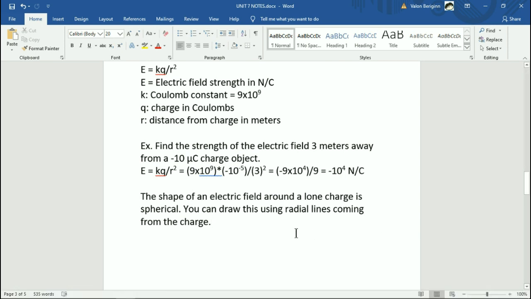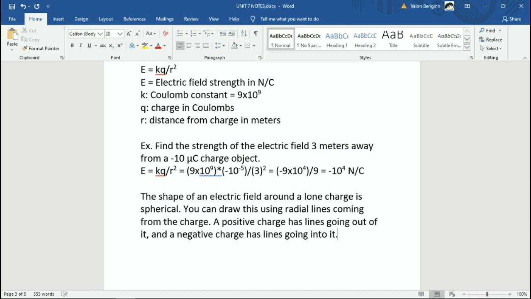Are the lines coming out of the charge, or are they going into the charge? Here's where the positive or negative comes into play. A positive charge has lines going out of it, and a negative charge has lines going into it.